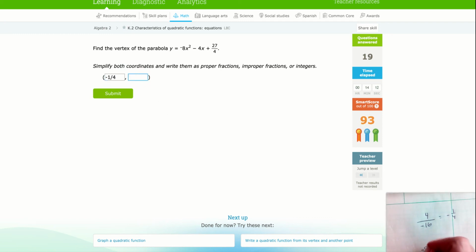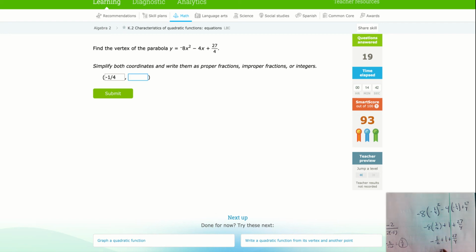Now I got to plug that in. So I have a negative 8 times a negative 1/4 squared minus 4 times negative 1/4 plus 27/4. So that's negative 8 times 1/16 plus 1 plus 27/4. That's going to be a negative 1/2 plus 1 plus 27/4.